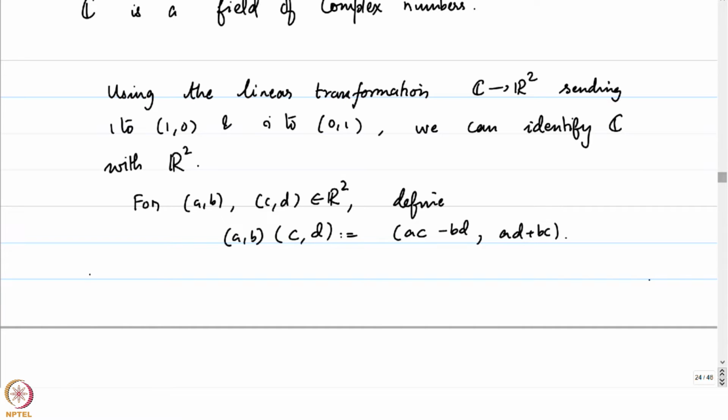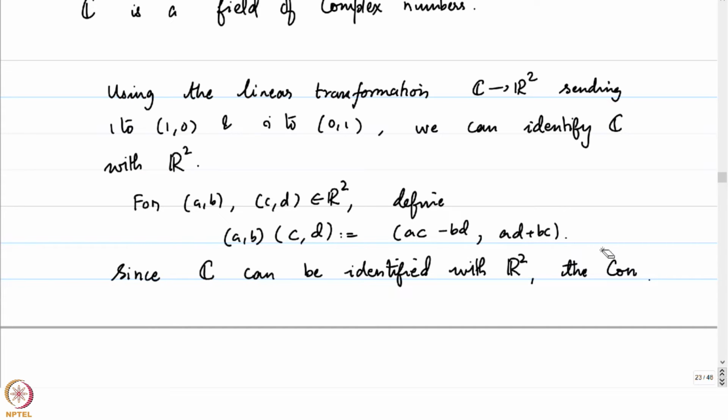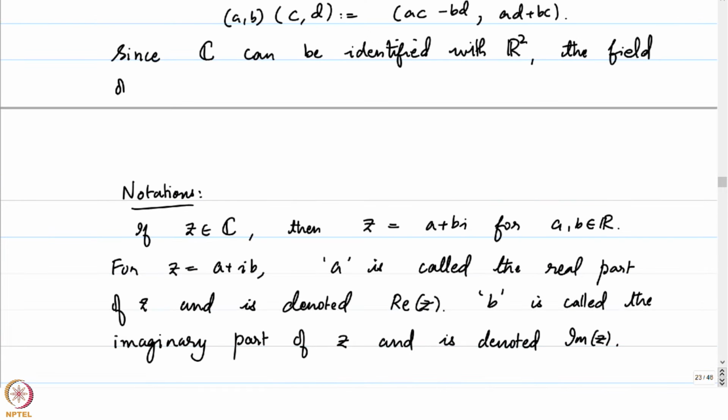So let me just note that here: since C can be identified with R2, the complex field, the field of complex numbers, is also referred to as the complex plane.